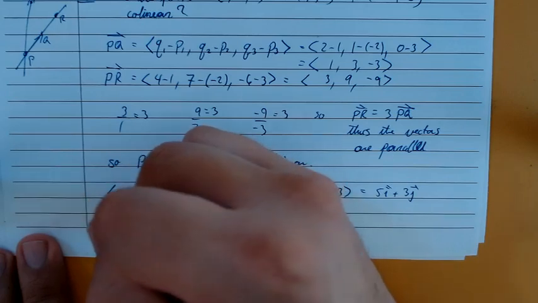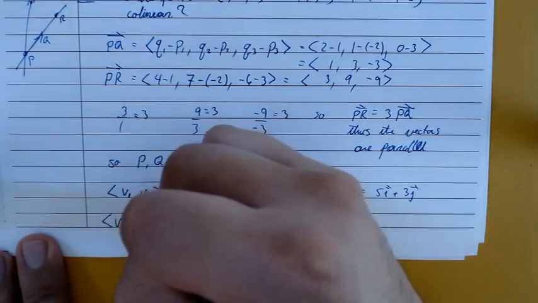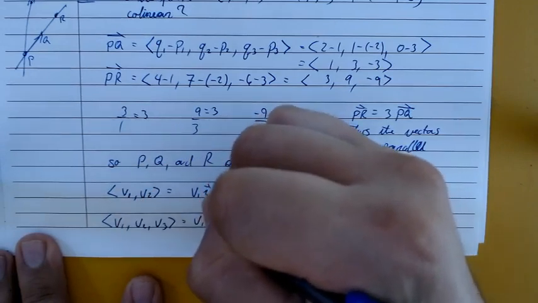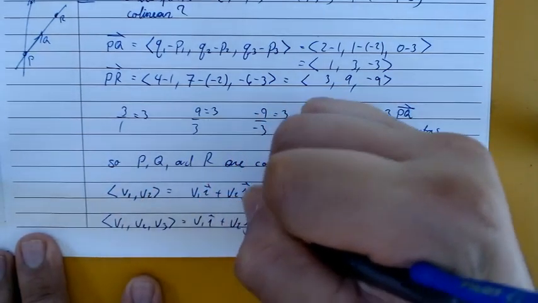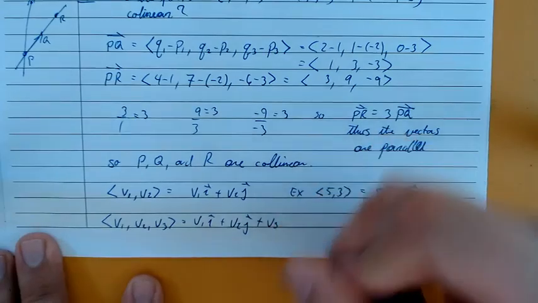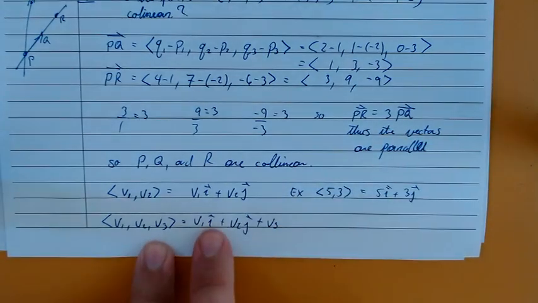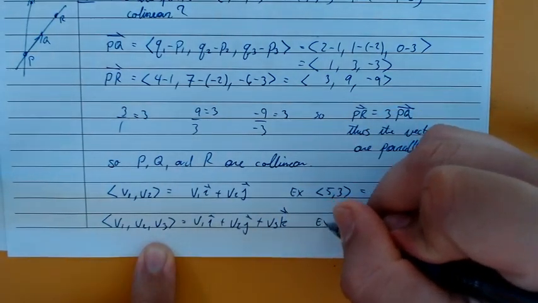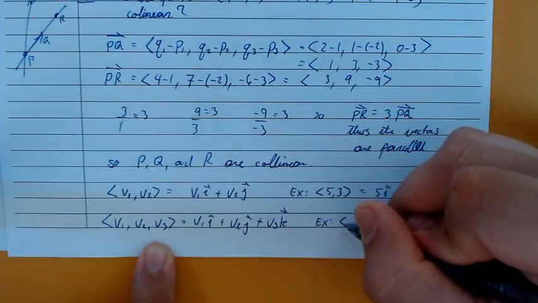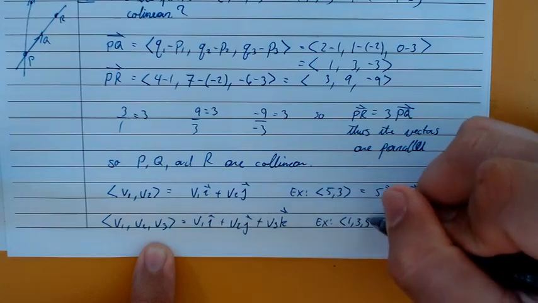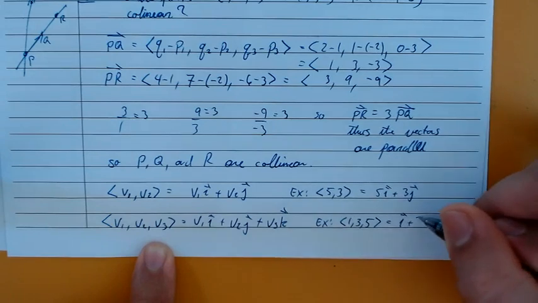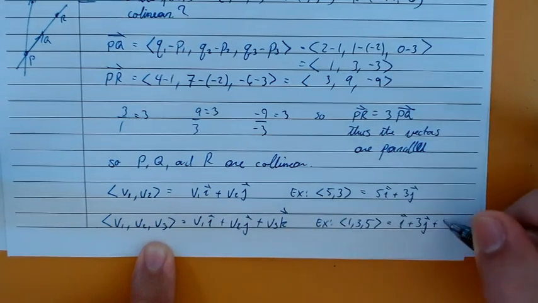Well, in 3 dimensions, you have the same thing. If you have a vector v1, v2, and v3, that can be written as v1i plus v2j plus v3, and the third component, just to keep the pattern going, i, j, the third one is typically called k. So for example, if you have the vector 1, 3, 5, that can be written as 1i plus 3j plus 5k.